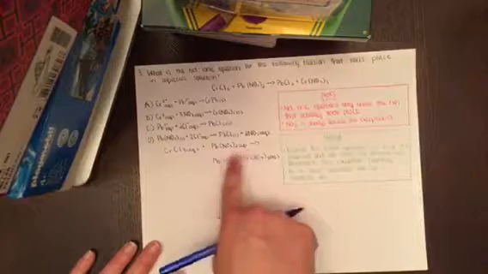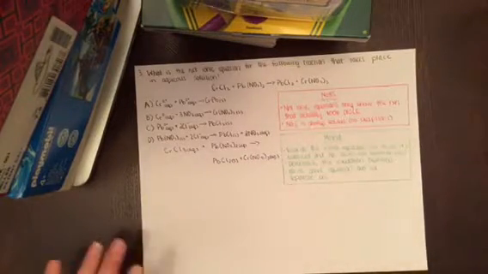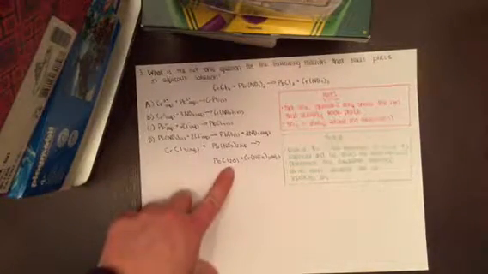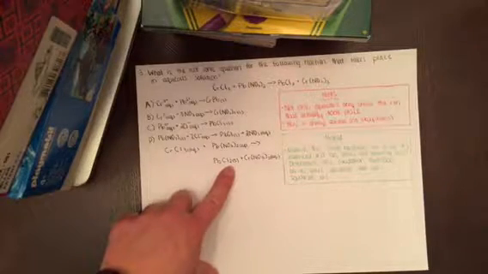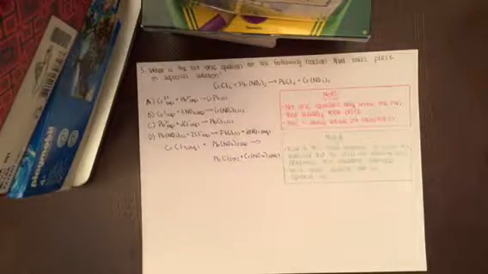Okay, sorry I ran out of room a little bit here, but this equation is not balanced because, as you can see, we have 3 chlorines here and 2 chlorines here, so we have to balance that out.